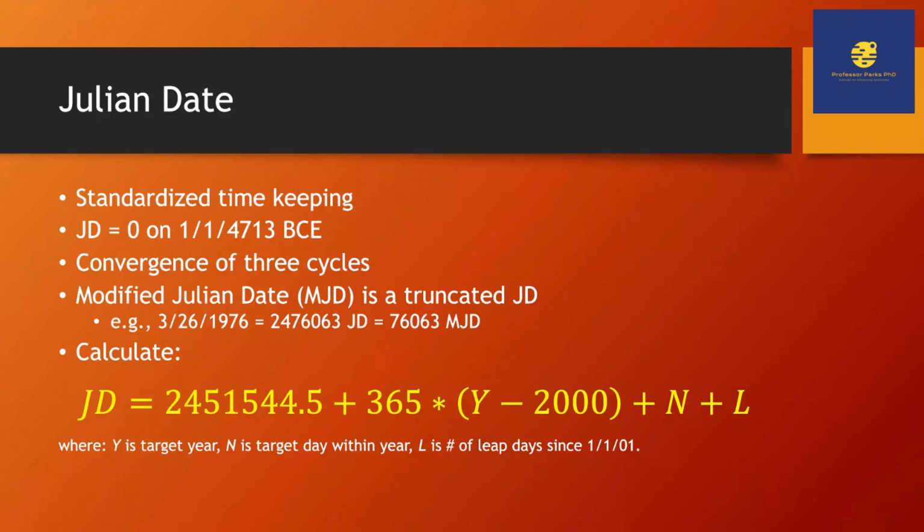You will probably encounter, particularly in research papers, something referred to as the modified Julian date, which is simply just a truncated Julian date. You can see that the Julian date at this point is in the millions. So since 4713 BCE, there have been roughly 2.5 million days. And since that's a pain to write down, and it's also a pain to put on graphs when you're looking at changes in time on the order of weeks or months, we just slice it down.